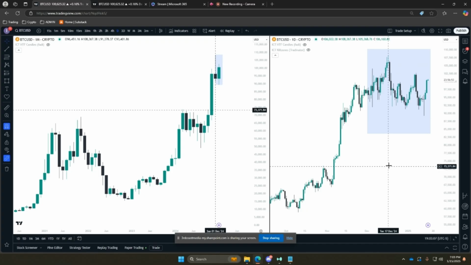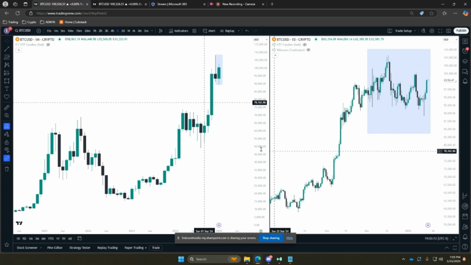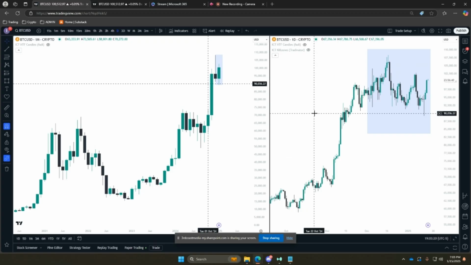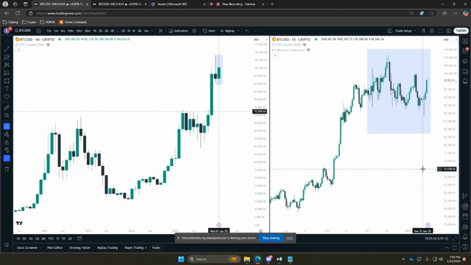And you can see how they work together. That's the difference between time frame selection, which is just selecting the actual interval, and time frame alignment, which is aligning the two. So in this case, we're aligning the monthly chart with the daily chart and looking at things that way.